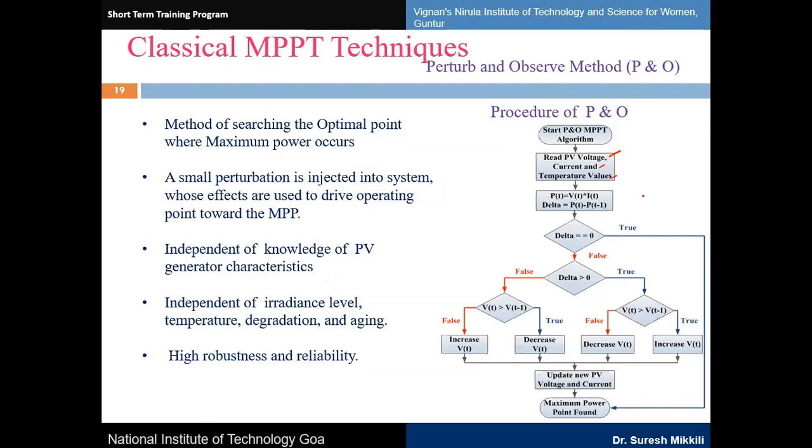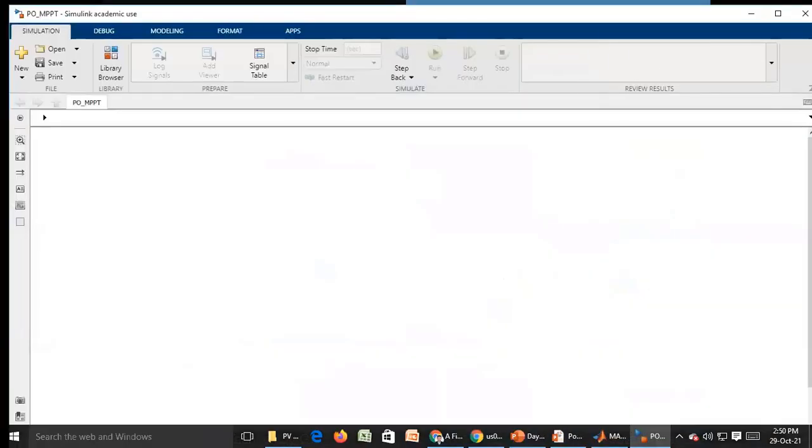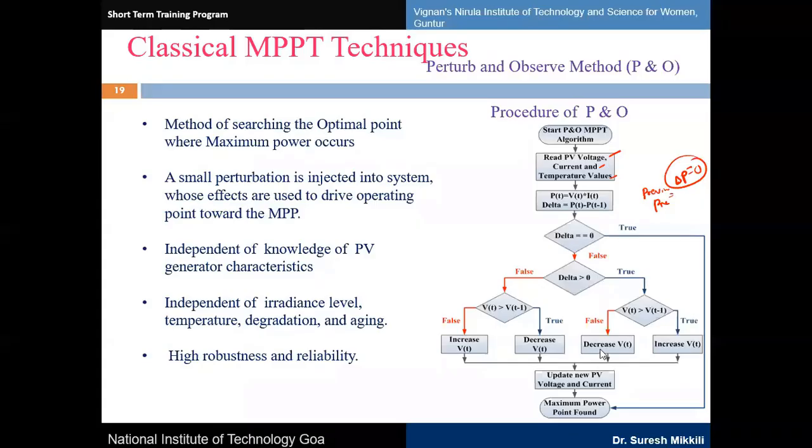Change in power is 0 means we are at the maximum power point. Try to understand, if the change in power is 0, we are at the maximum power point. At that point, if it is true, we consider that the maximum power point is found.